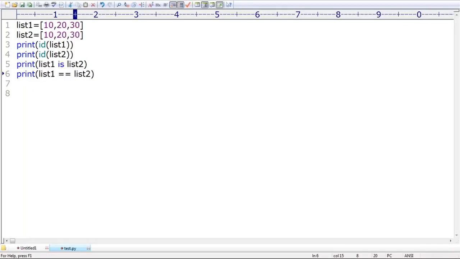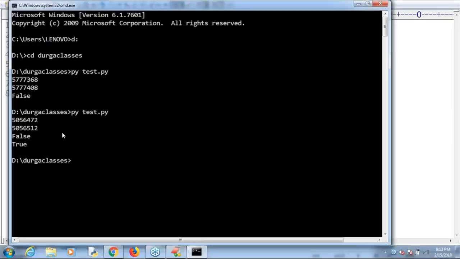Don't use Java terminology in Python. In Java, the double equal operator is meant for reference comparison and the equals method is meant for content comparison. But in Python, the double equal operator is meant for content comparison. Now observe the last output we are going to get.